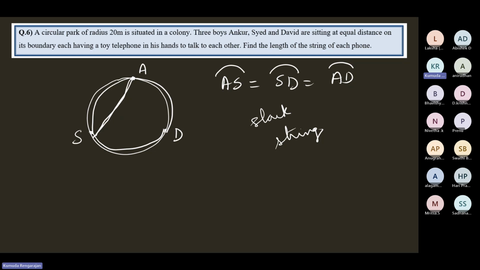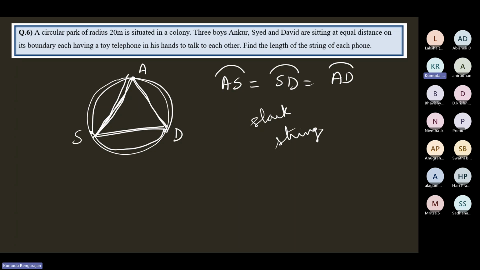There is no slack. This is the string between S and D, and this is the string between A and D.